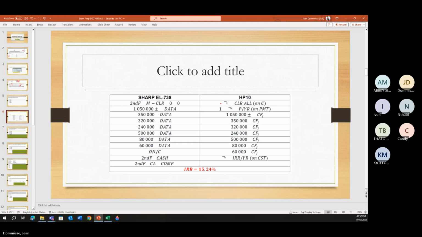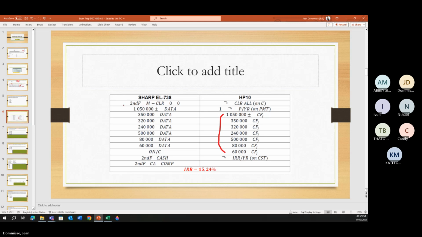So you can see with your HP, what we do, you can put in those numbers. We put it under the CFJ, which is in the third row from the top in the middle.